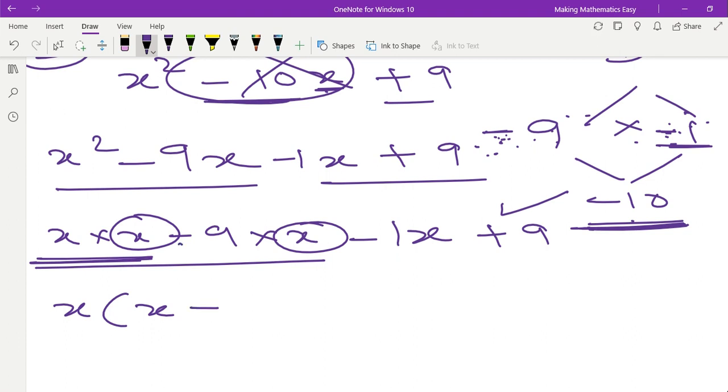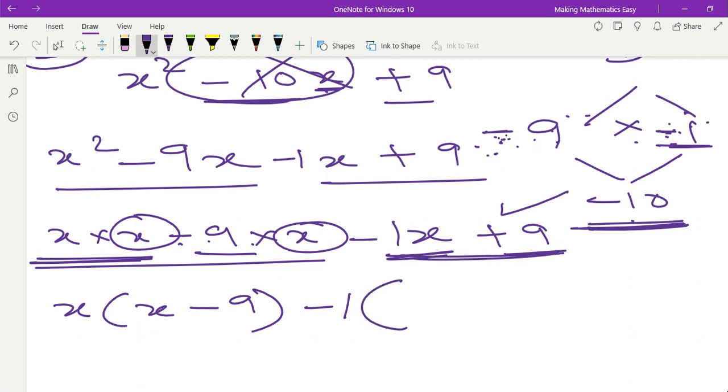This minus sign will come as is, this 9 will come as is, correct? X and 9, what is common? Nothing is common. If nothing is common, then 1 is your common factor, and this term will come as is in your second bracket. Now this x and 9 will come as is in your second bracket.